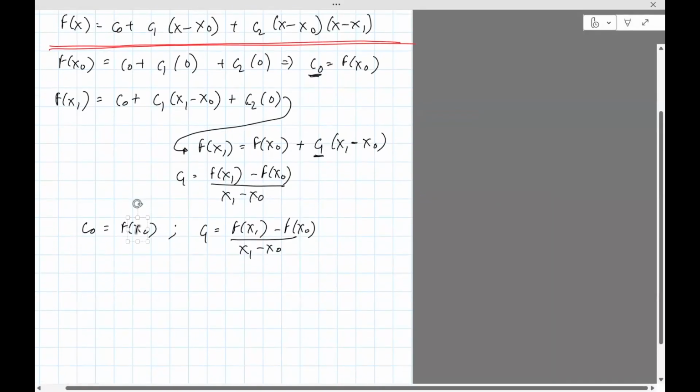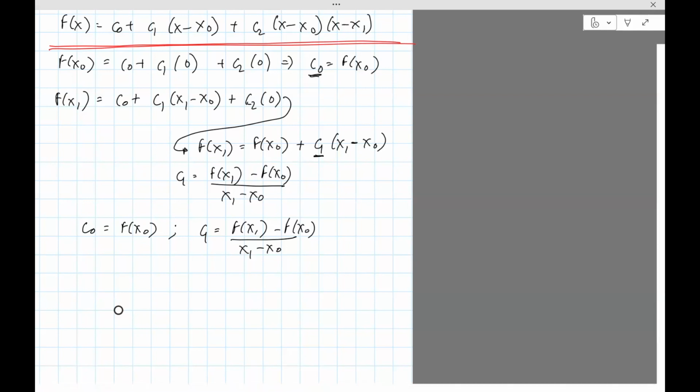I just wrote down the 2 values we found, c0 and c1. Now, if you have been following what I've been doing here for this and the previous part, you'll notice that the formulas I got for c0 and c1 are not new. They're exactly the same formulas I got for the 2 point.